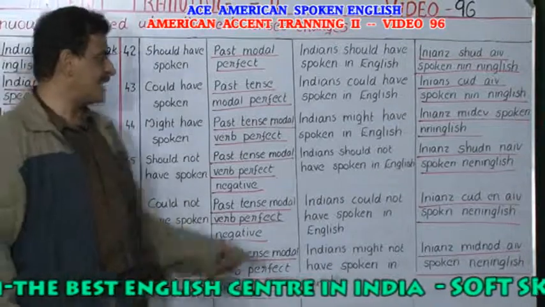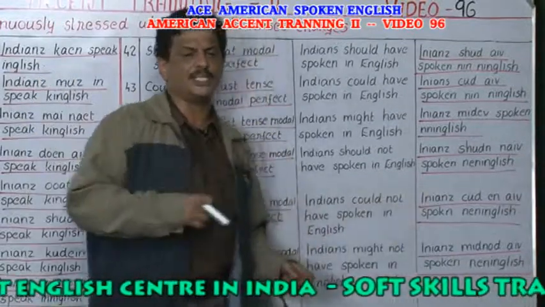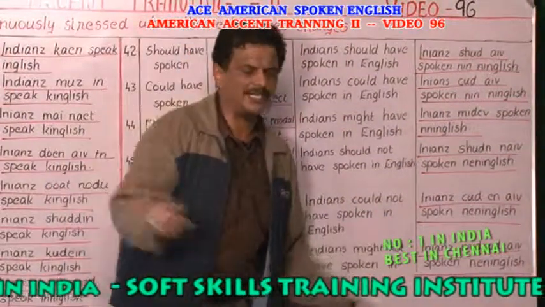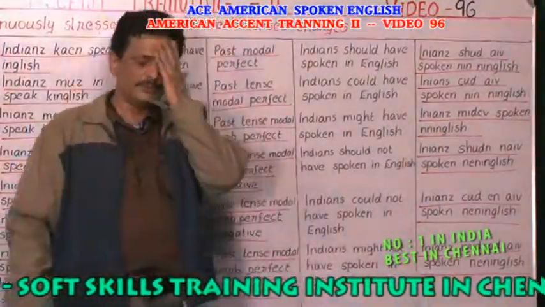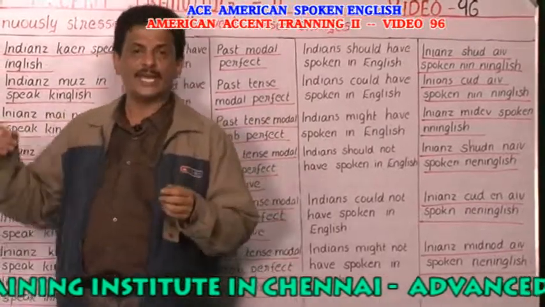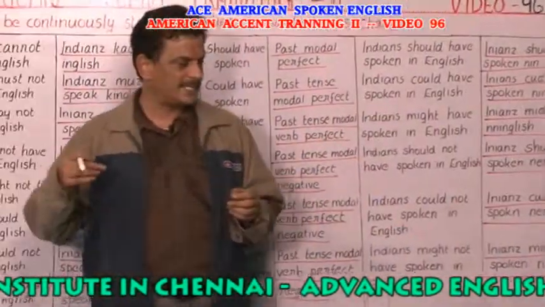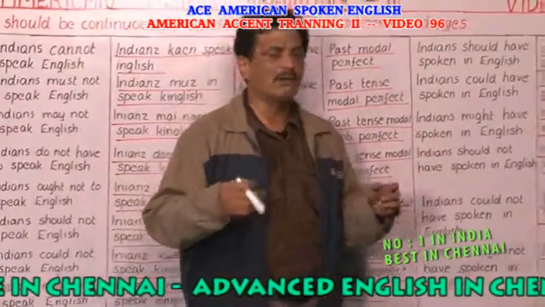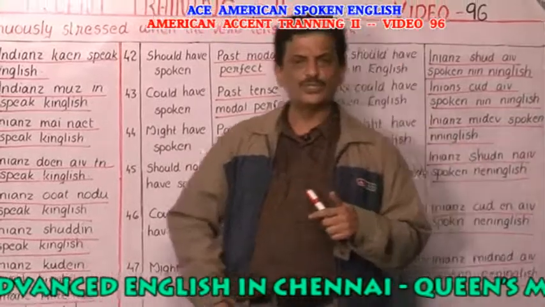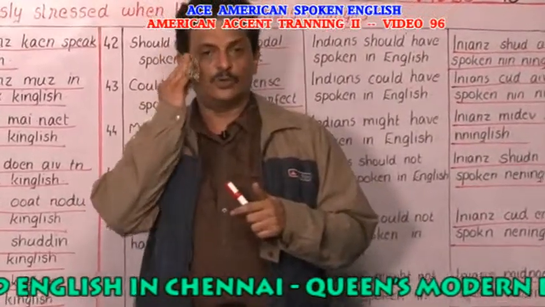Could not have spoken: Indians couldn't have spoken in English. Might not have spoken: Indians might not have spoken in English. Hope you are able to understand. See, could have, should have, could not have, shouldn't have, must not have, mustn't have. All these are in your day-to-day conversation, which you use daily. You have to be thorough with this.